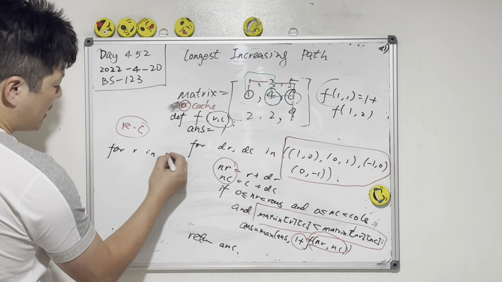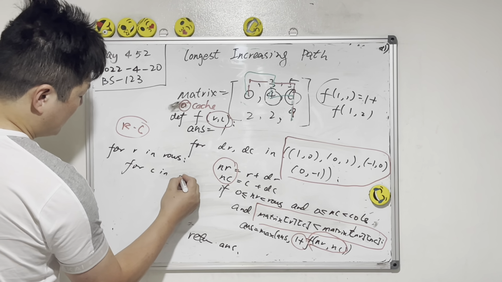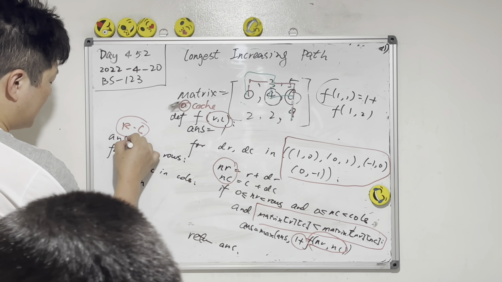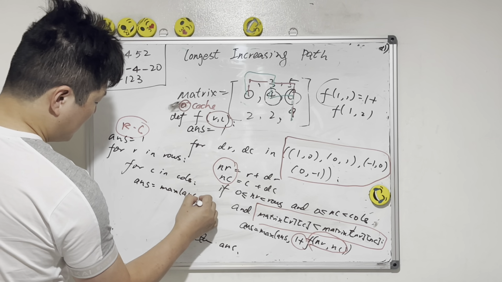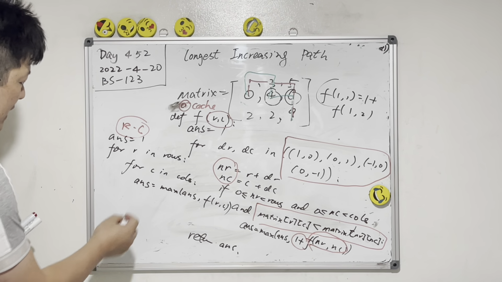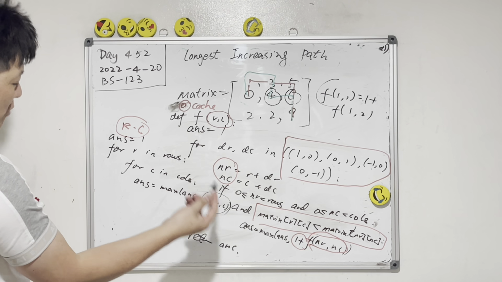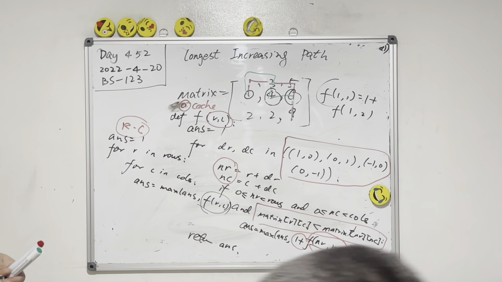For r in rows, for c in columns, with answer outside, answer equals 1, answer equals max of answer and f(r, c), right? So this is R times C, but for each one we calculate only once. So the time complexity is O(RC), okay?